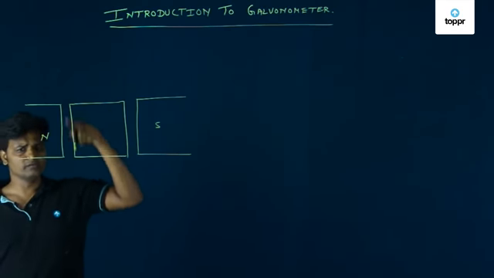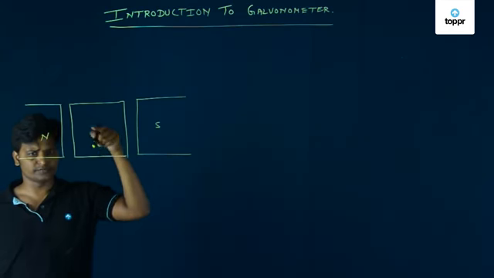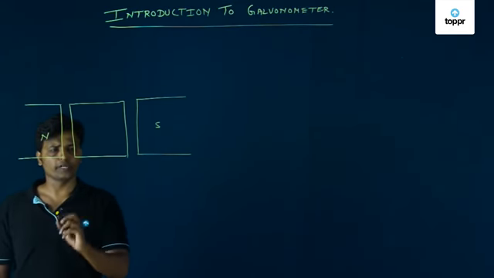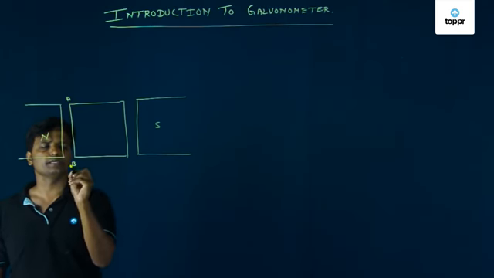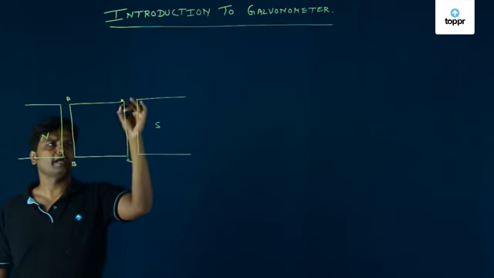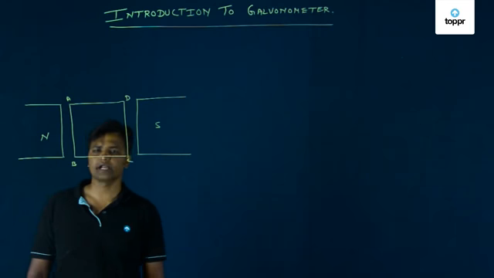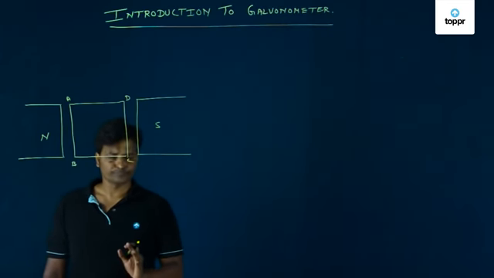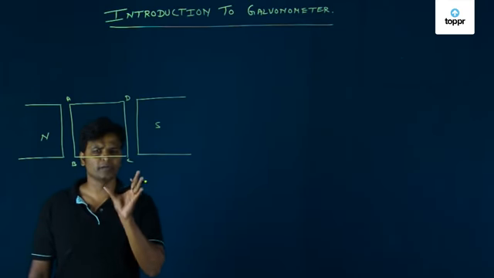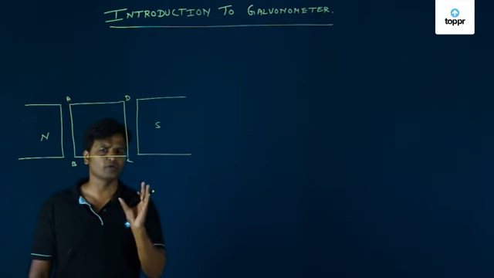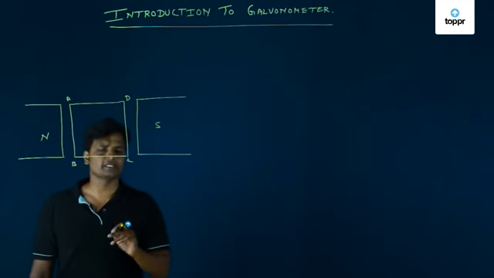We can have n number of turns in this particular rectangular coil. Let me name the rectangular coil A, B, C and D.